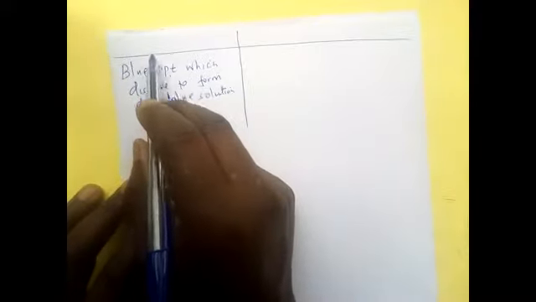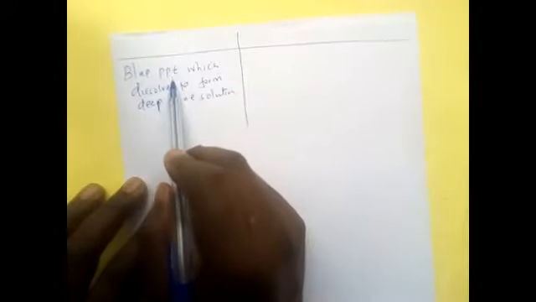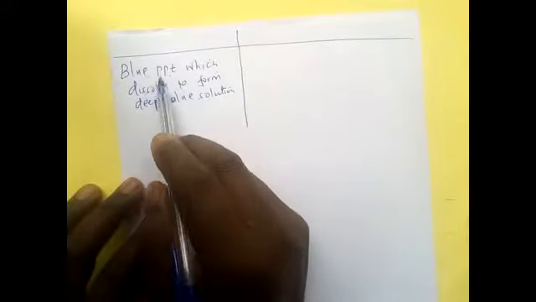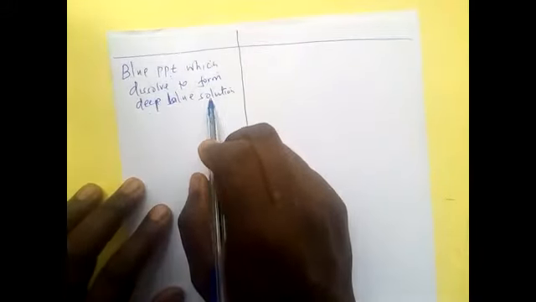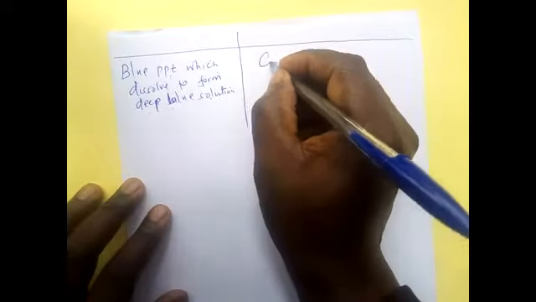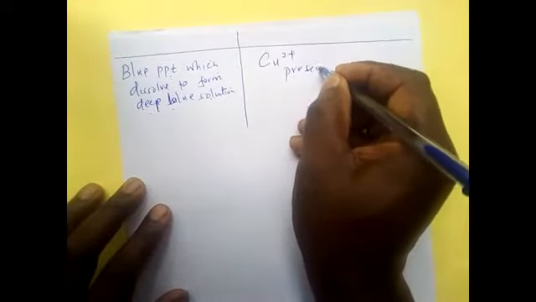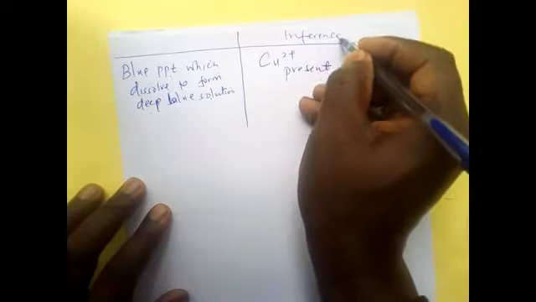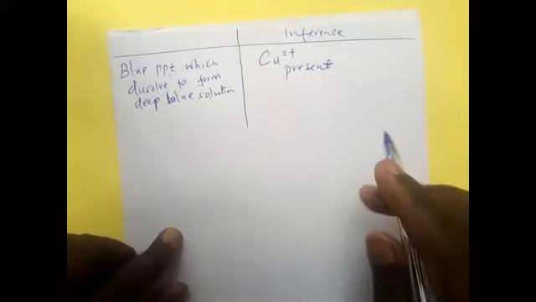When you are adding ammonia in drops, you form a blue precipitate, 2 drops. Then when you add more, ammonia in excess, a deep blue solution is formed. So that confirms that copper(II) ions are present. Inference: it confirms that copper(II) ions are present.